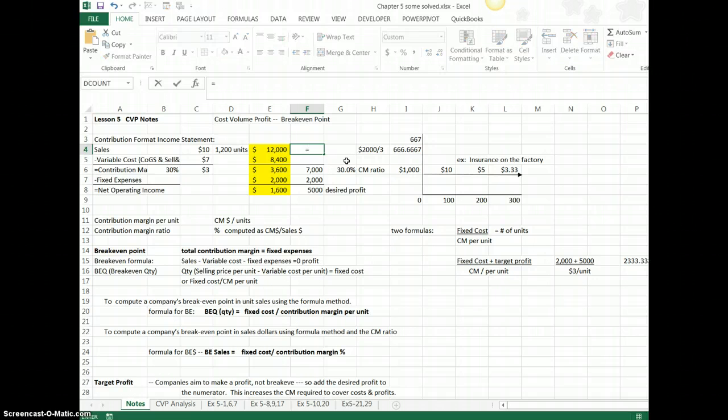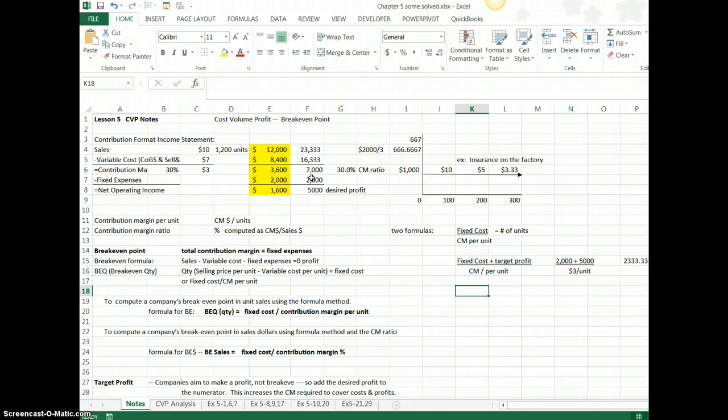We sell them for $10 a piece, so 2,333.33 units times $10. Remember that the cost is going to be 2,333.33 units times $7, the variable cost to produce. So when I subtract these two, 23 minus 16 is 7,000. I would cover my 2,000 of fixed costs, and I have that desired profit.